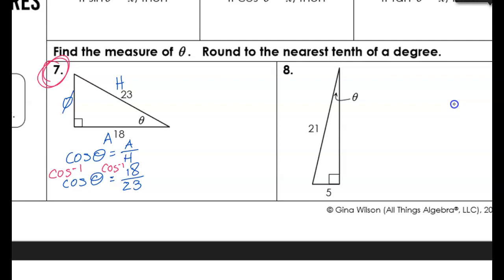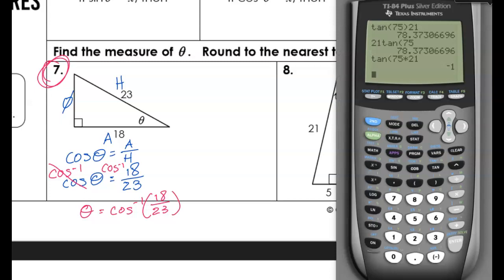This is the same thing as saying divide by cosine. So if I'm dividing cosine by cosine, they cancel. So theta is just cosine negative 1 of 18 over 23. And that's what I put in my calculator.